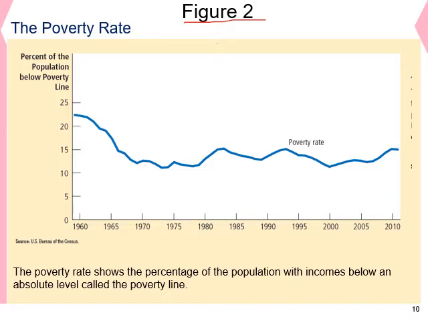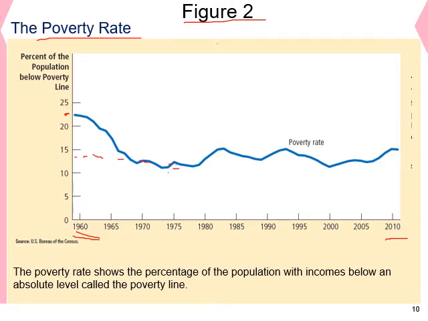Figure number 2 displays the poverty rate in the US from the 1960s all the way up to 2010. For instance, in 1960, the poverty rate in the US was about 20.2%. In 1975, the poverty rate fell to about 14%.